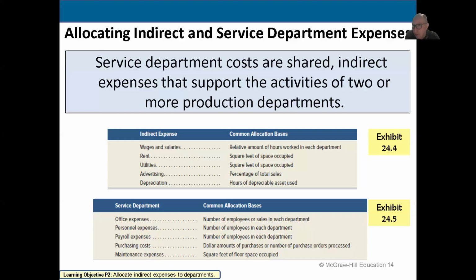Examples include human resources, accounting, the sales office, the store manager's office, etc. We use an allocation base to allocate the expenses that come from those service departments. So we have indirect expenses and service department expenses that we allocate to the individual departments based on a common allocation base.